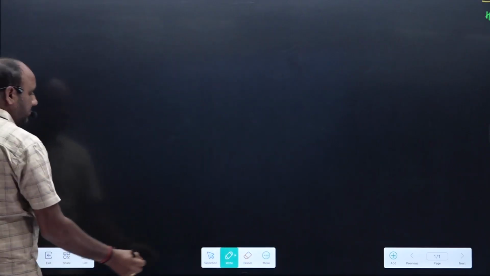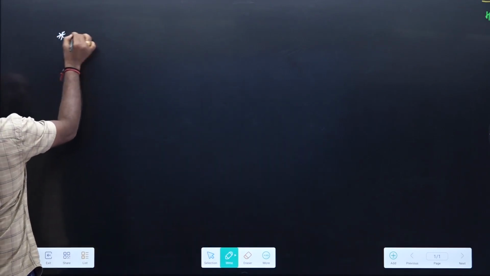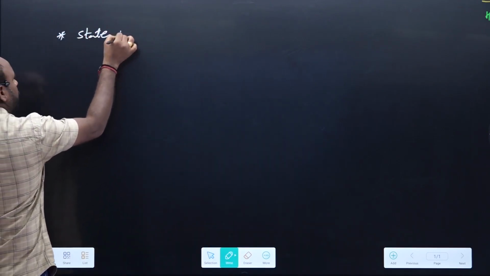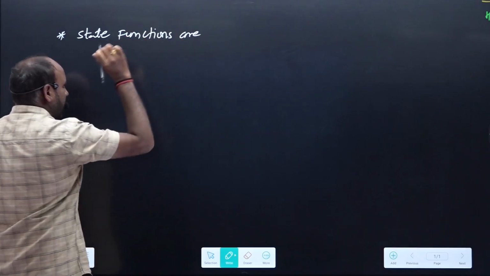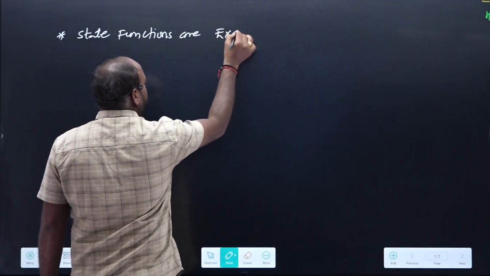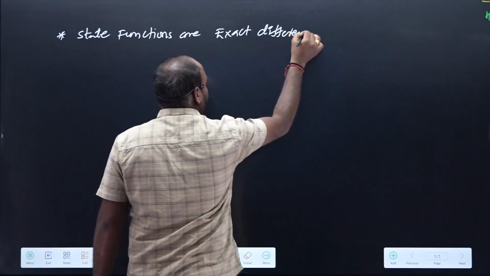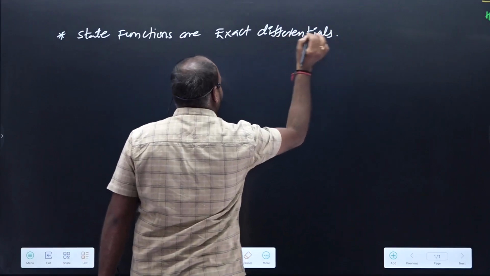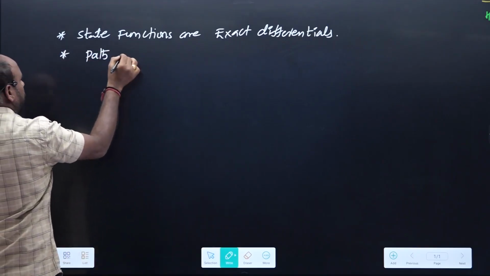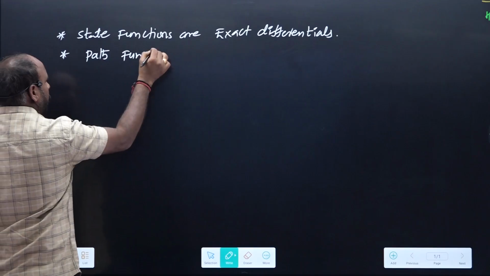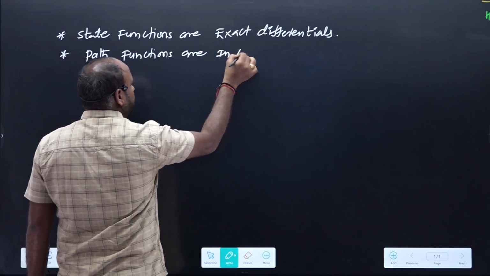So write the statement. State functions are exact differentials, and path functions are inexact differentials.